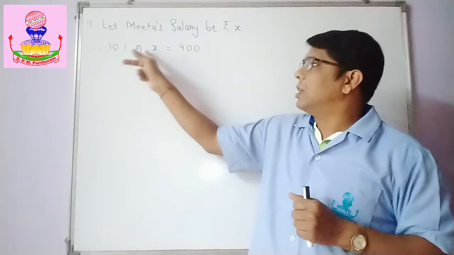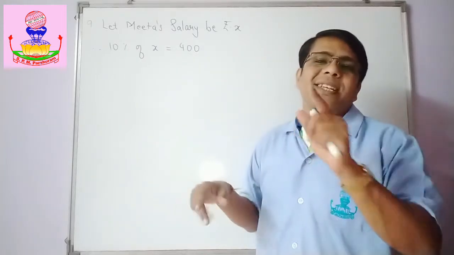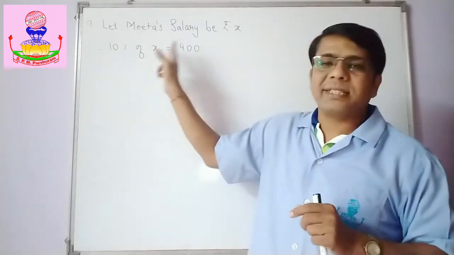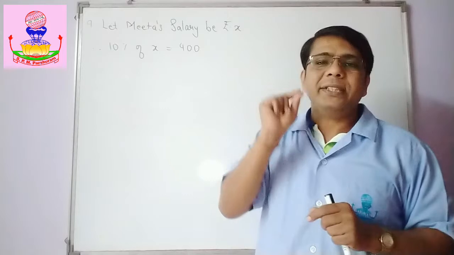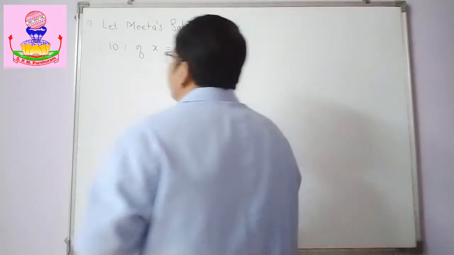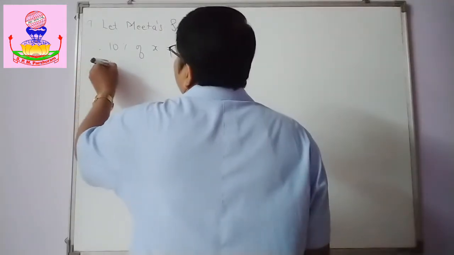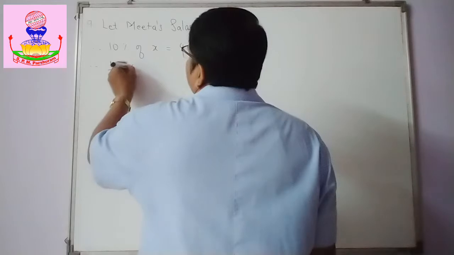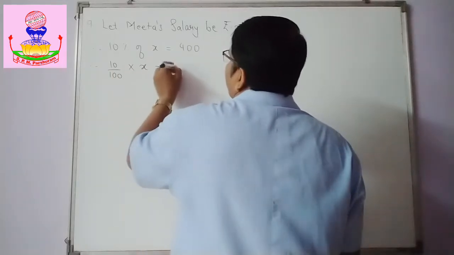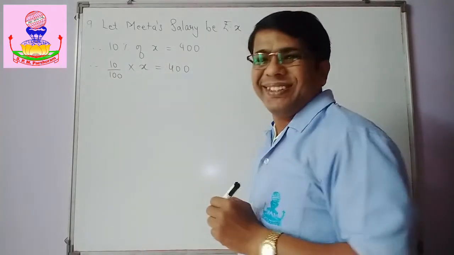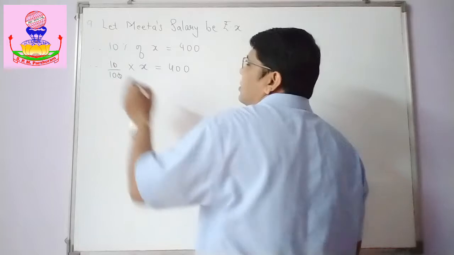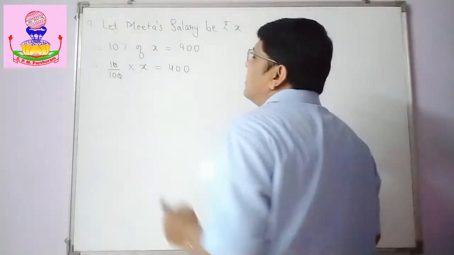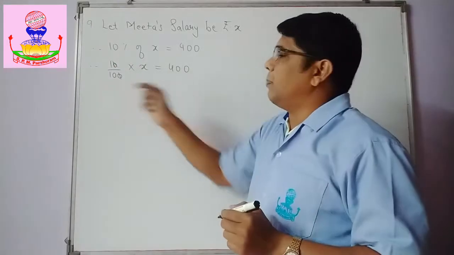Her salary we don't know, that is X. So 10% of X is equivalent to 400. Therefore 10 upon 100 into X is equivalent to 400. Here we can cancel one 0, so left is 1 upon 10.